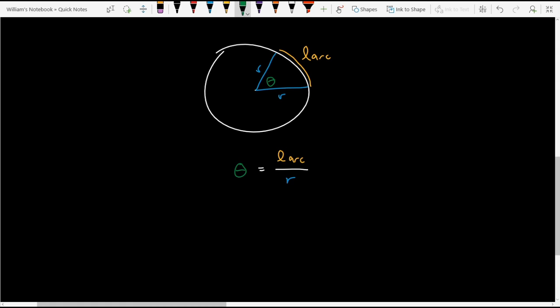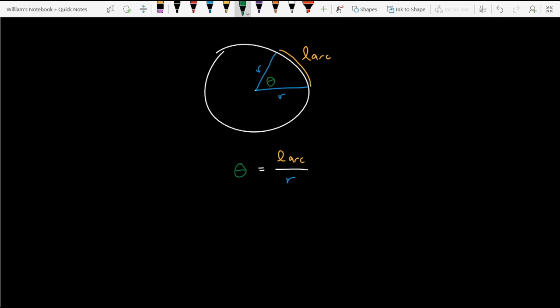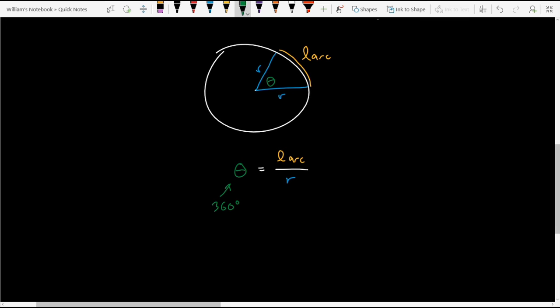If we want to find the conversion between radians and degrees, we're going to set our angle to 360 degrees, going all the way around the circle. That means that the length of the arc is equal to the circumference, and we know that the circumference is equal to 2 pi r, which is the same as pi times the diameter, because the diameter is just the radius twice. And of course, that is still divided by the radius, so we can cancel the radius out over here.